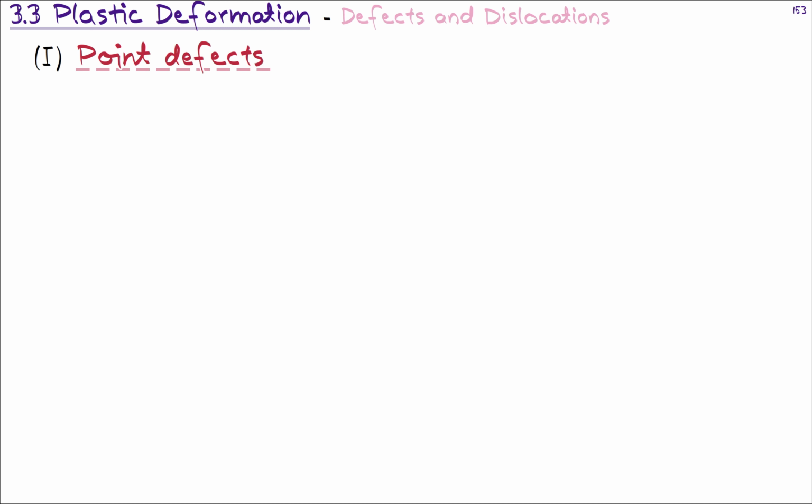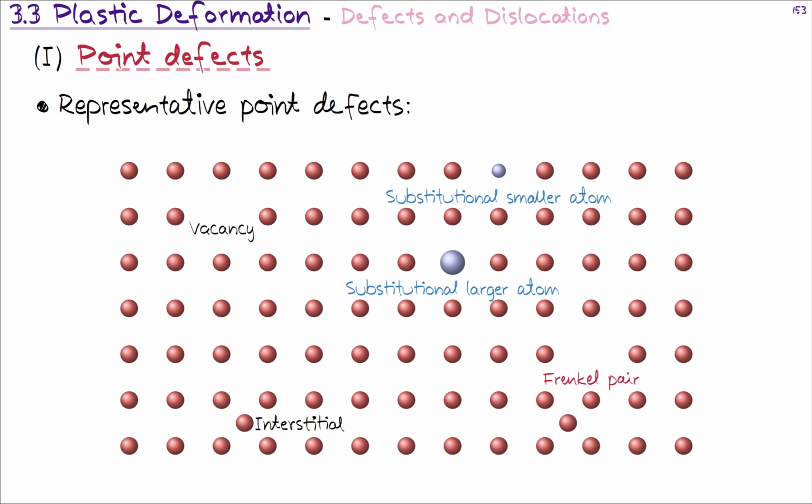Let's look first into the type 1 defects, so these point-like defects. I will show you a picture that will hopefully clarify what kind of point defects we may have in our atomic lattice. We may have interstitial atoms, so it's the same atom, but in a different location, not in the location of the atomic lattice.